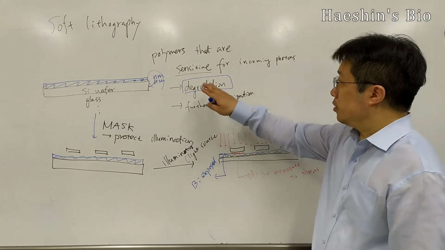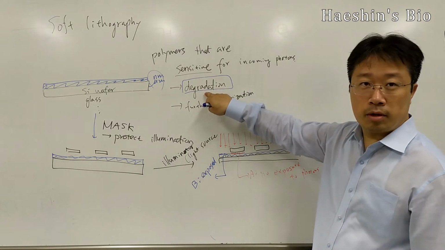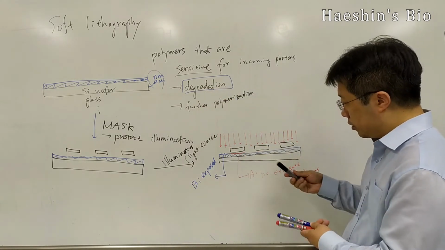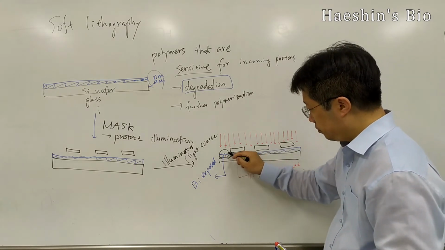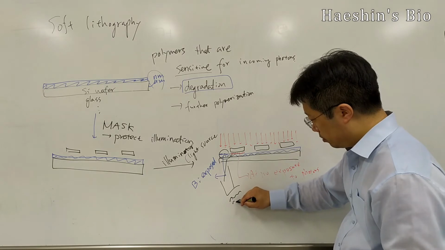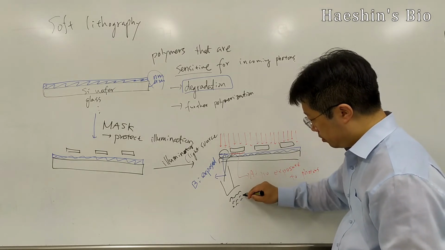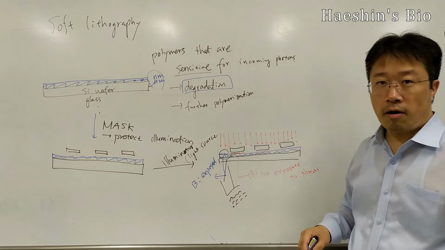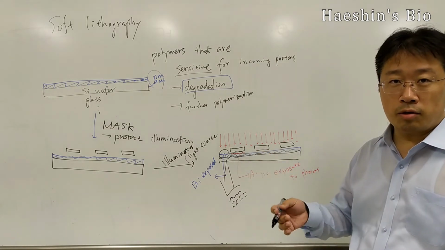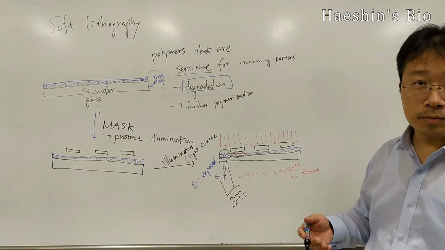So if you remember this part that is sensitive, then case number 1 is degradation, right? That means if you zoom in on this area, these polymers now start degrading. But this area does not. This is maintaining the original molecular weight. So there is a difference.